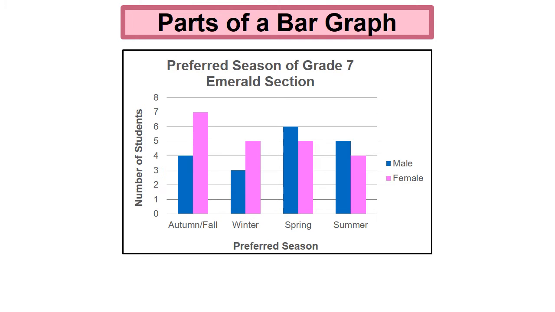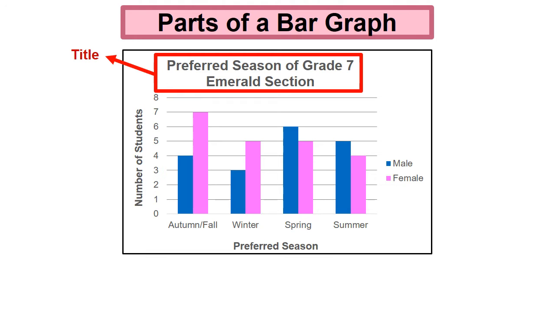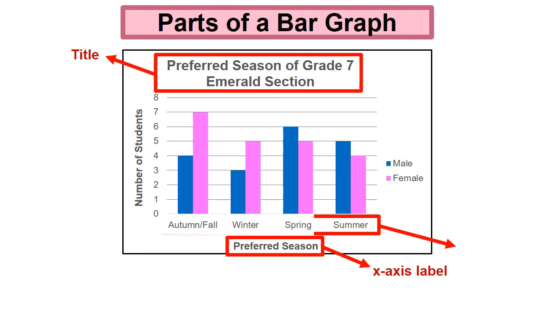So here are the parts of a bar graph. This topmost one is what we call the title. Below, on the horizontal part, we have this x-axis label, which provides the general description of what these categories are all about.